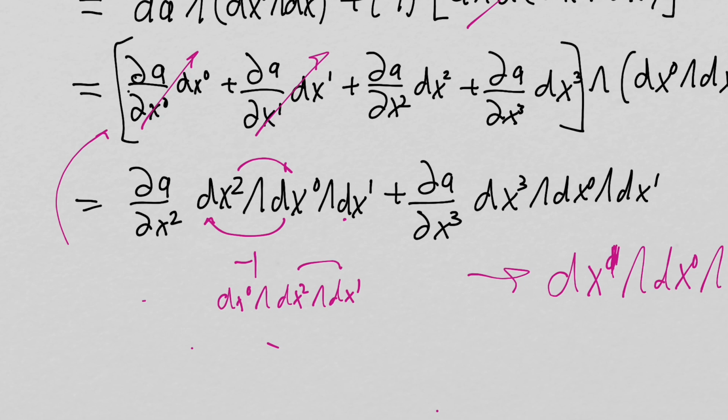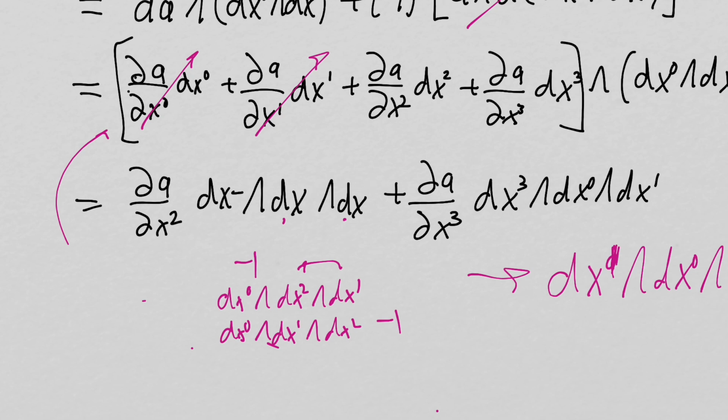But then I do another swap, and I get dx0 wedge dx1 wedge dx2. And that's good, but I've introduced another -1, so they all cancel. So because of that, I can elect to simply reorder this as dx0, dx1, dx2. And I don't have to worry about any signs.